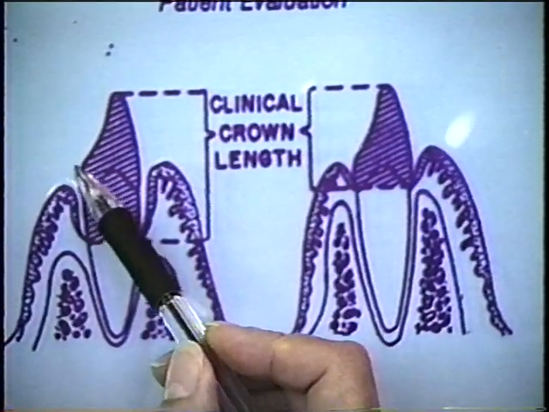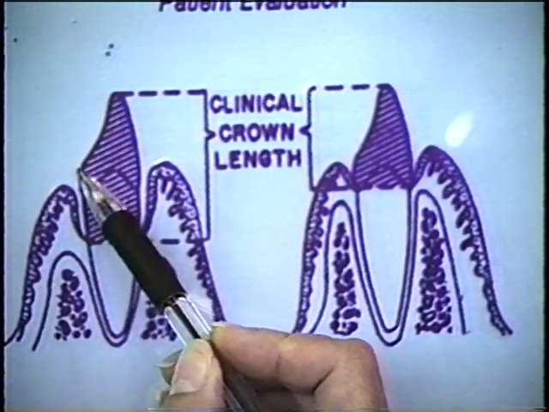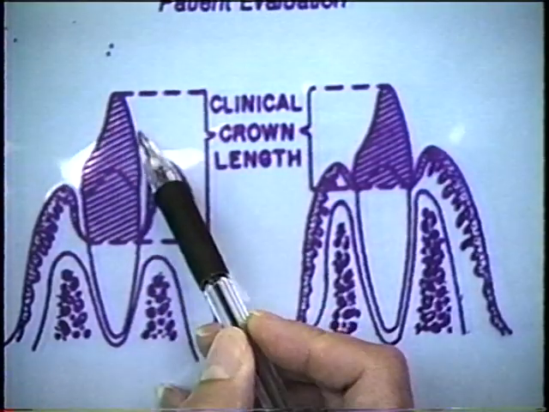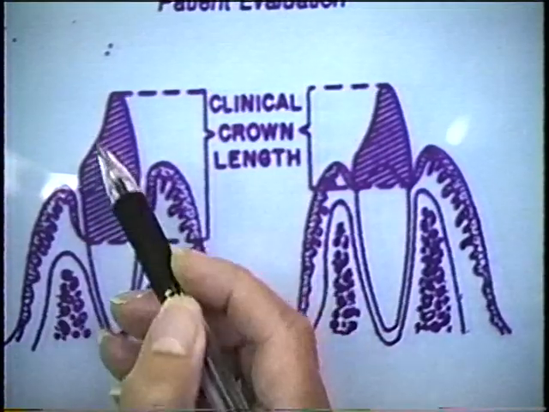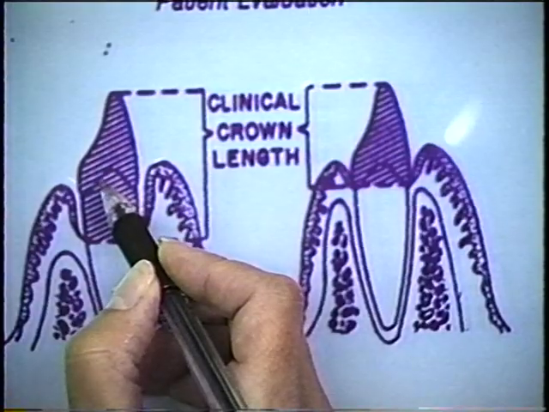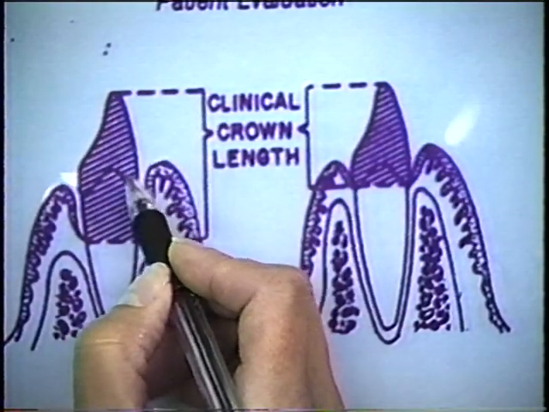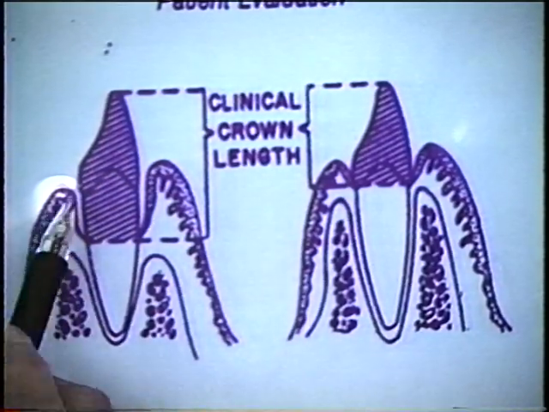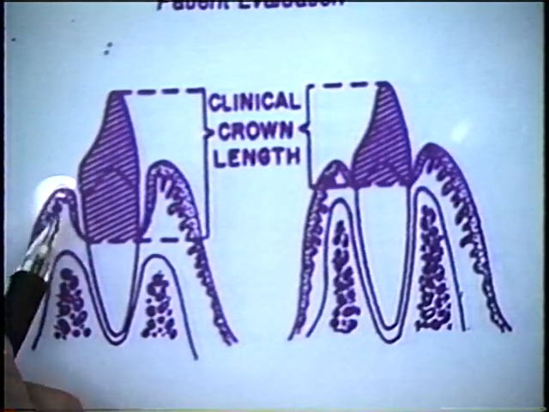This is the anatomical crown right here, the part that's covered with enamel. That's the anatomy of the tooth. The crown of the tooth, the anatomy of it, is covered by enamel. When we get into the clinical crown, that means what we can see clinically.